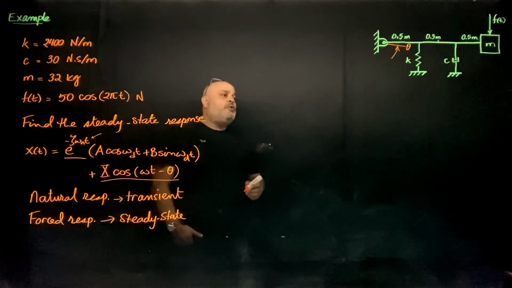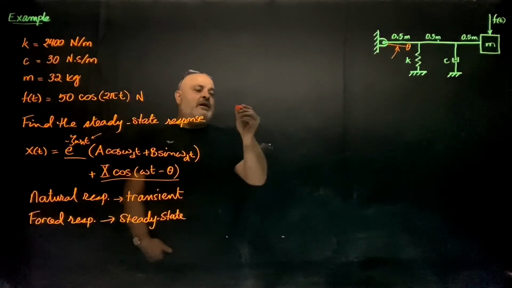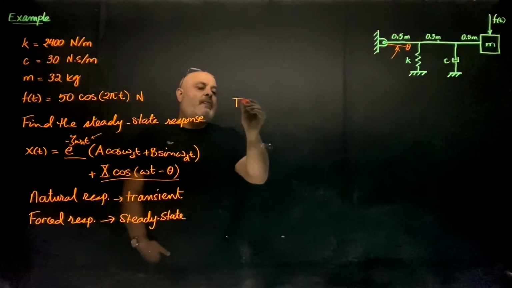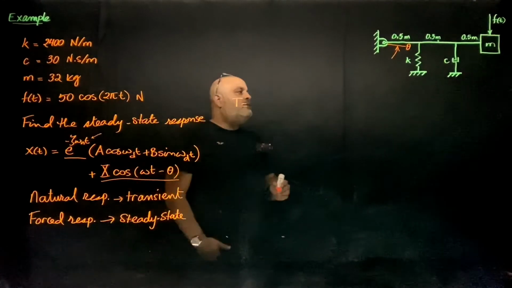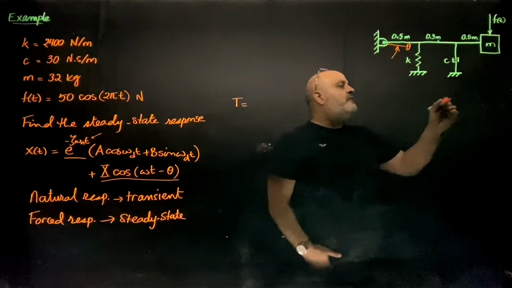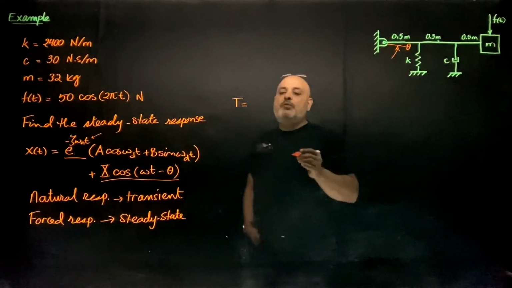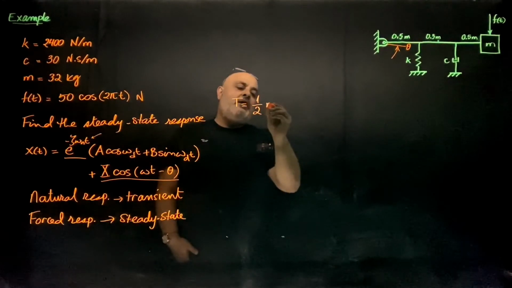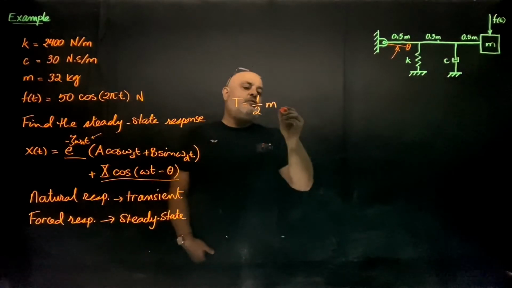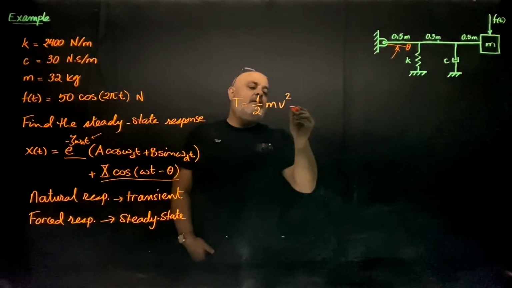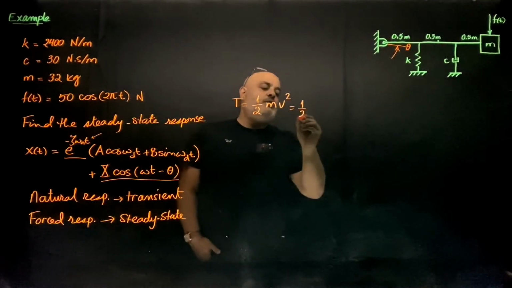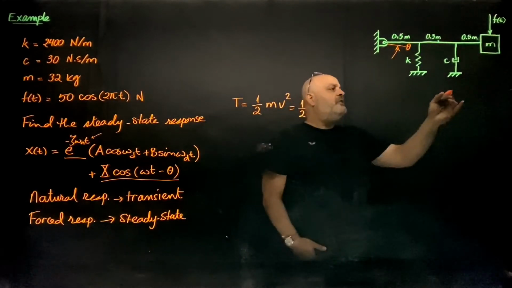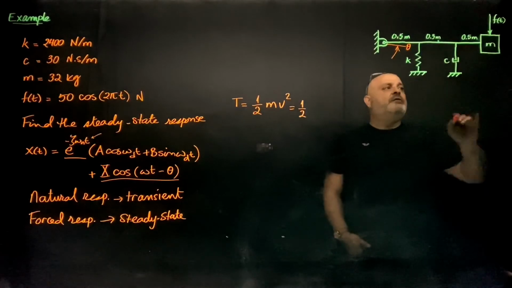Now, I'll start with finding the kinetic energy term, T, and the only body I have is m, so it will be 1/2 m v squared. Now, what is the velocity of this mass?